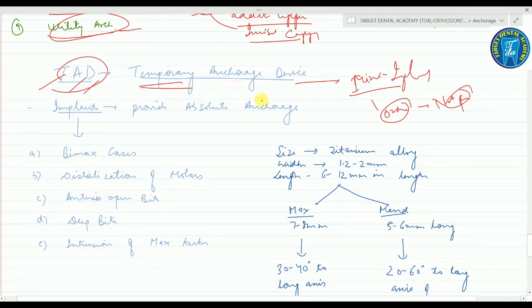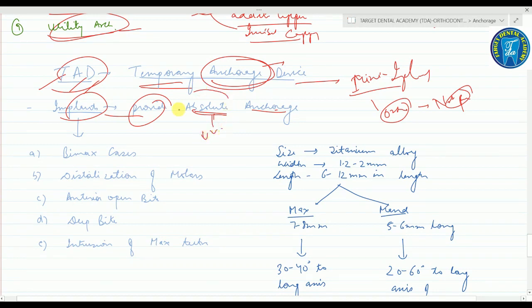We are using the implants only for anchorage purposes, and very important, the implants provide absolute anchorage. They do not allow the mesial movement of the molars. It means they provide 100% or absolute anchorage.